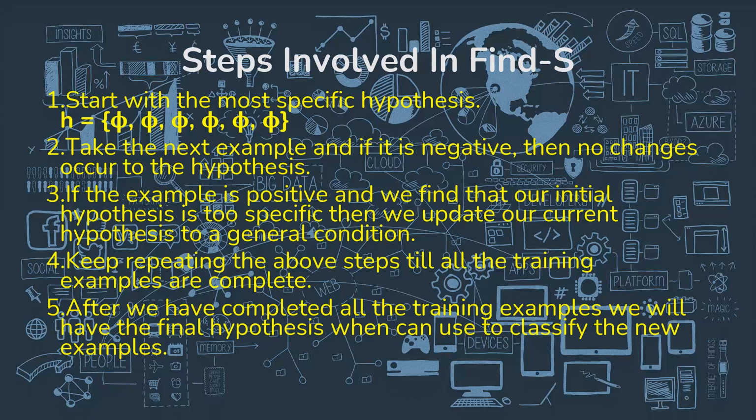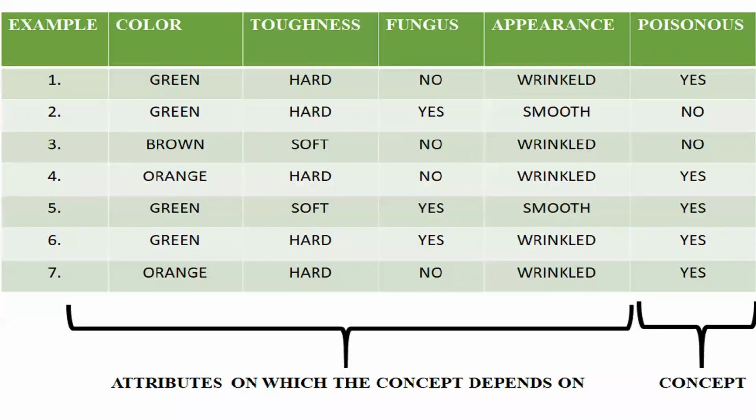This conversion into a general condition is kept repeating until the data is finished. After we have completed all the training examples, we will have a final hypothesis which we can use to classify new examples.